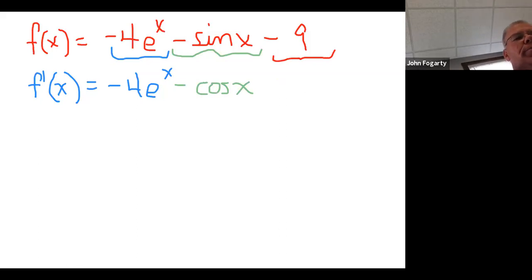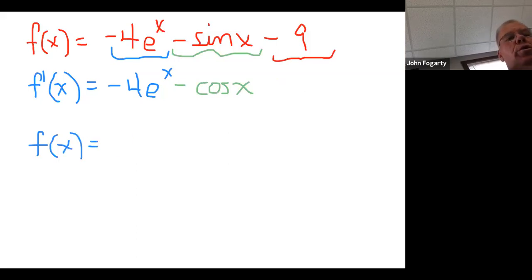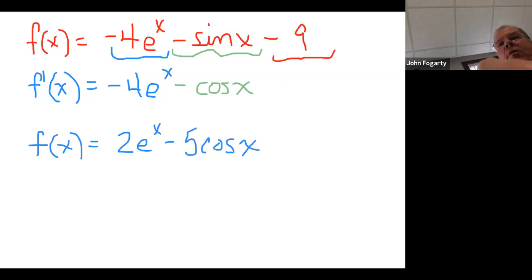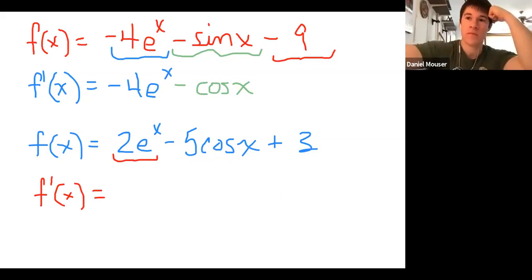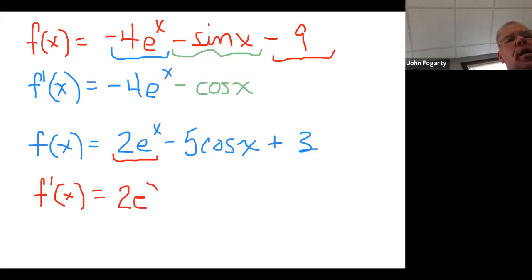Let's try another one. f of x equals 2e to the x minus 5 cosine of x plus 3. Find f prime of x. Well, e to the x is itself, so 2e to the x. Now, be careful.